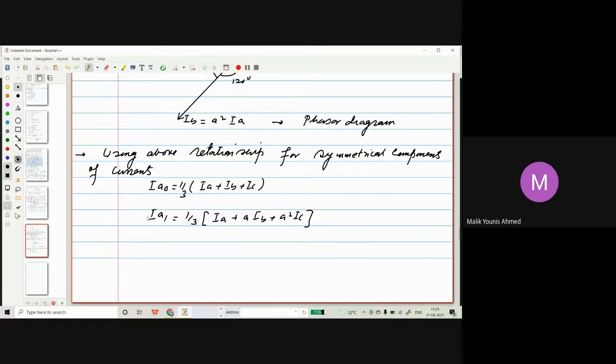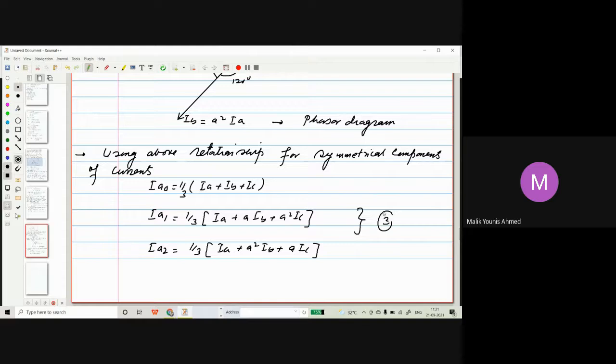When we are going from symmetrical components to phase, then A will come first as the operator. If it is from phase to symmetrical component, then A square will come, just like the voltages we have. So this point has to be remembered. For IA2, 1 by 3, here you just have to exchange the operators. So let us call this equation set the third set of equations.